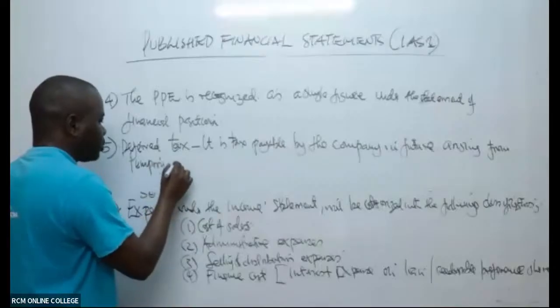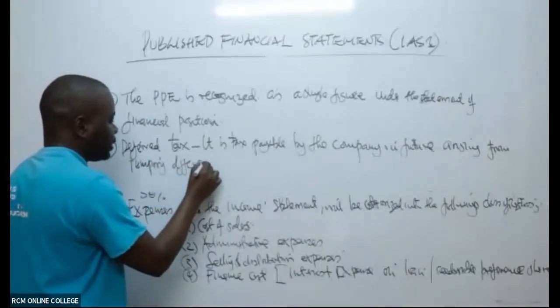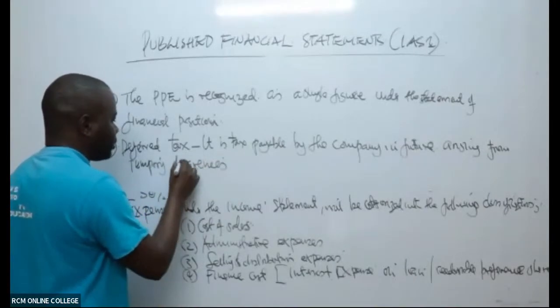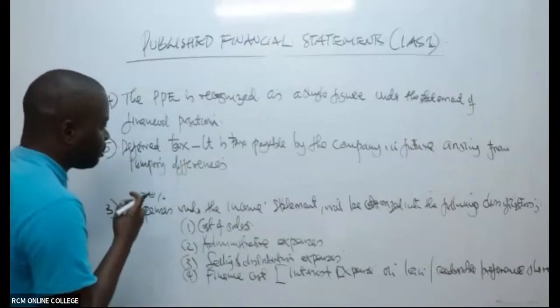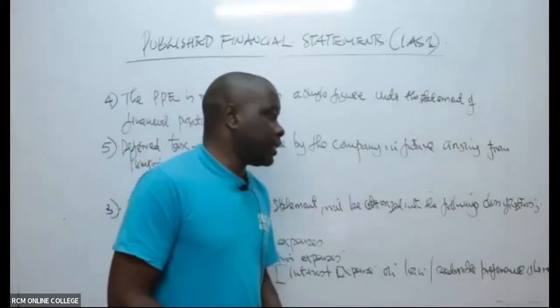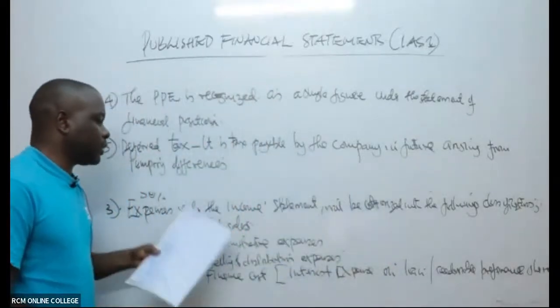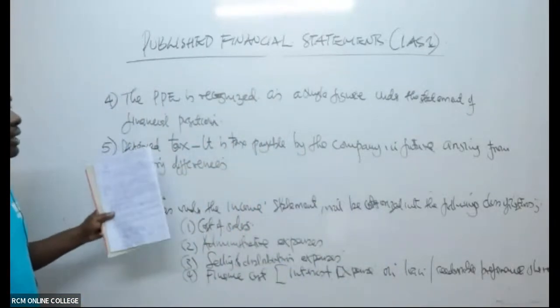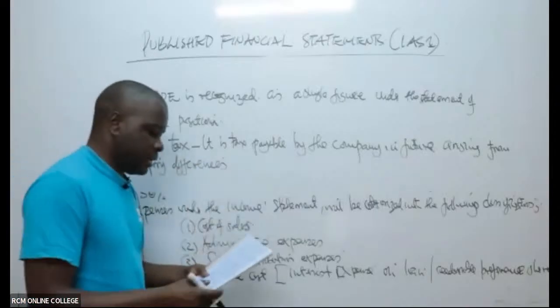I don't know if you can recall how we come up with the temporary differences. You need to go back to that topic and remind yourself. We take the carrying amount minus the tax base. Then to get the deferred tax, we took 30% of the temporary difference, which is the tax to be claimed in future.